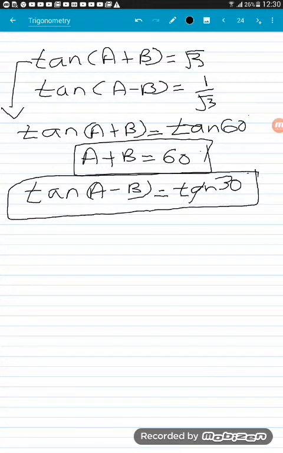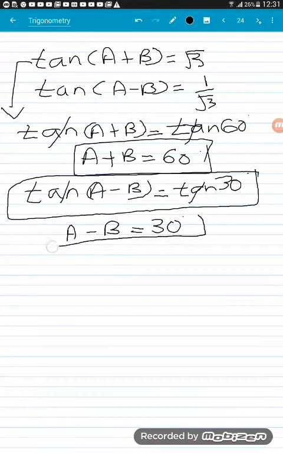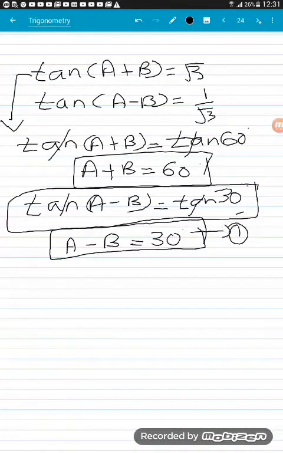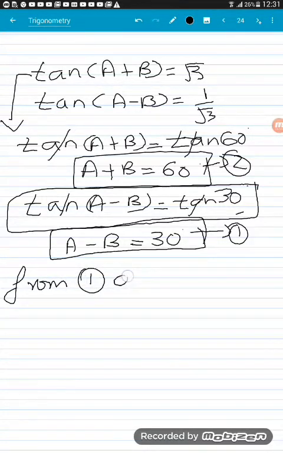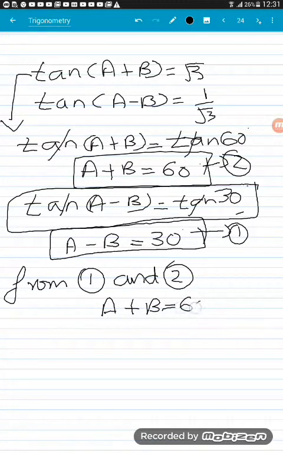So tan cancel, the same way tan cancel. So A minus B equal to 30 degree. Now the elimination part comes. As I said, we learned this in the quadratic equation. So by writing this, A plus B equal to 60 degree, A minus B equal to 30 degree.